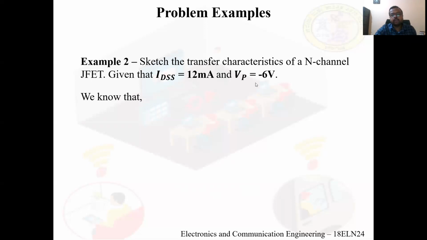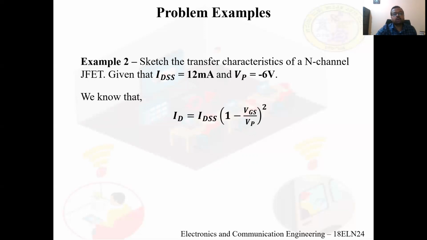The VP value is given as minus 6 volts, so VGS will vary from 0 to minus 6. Calculate the drain current for VGS equals 0, similarly for minus 1, minus 2 till minus 6. Once you have the drain current for various values of VGS, you can draw the transfer characteristics.